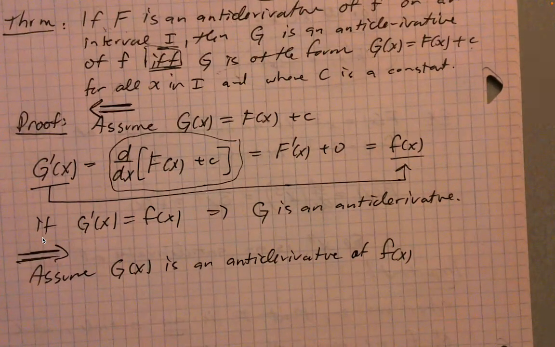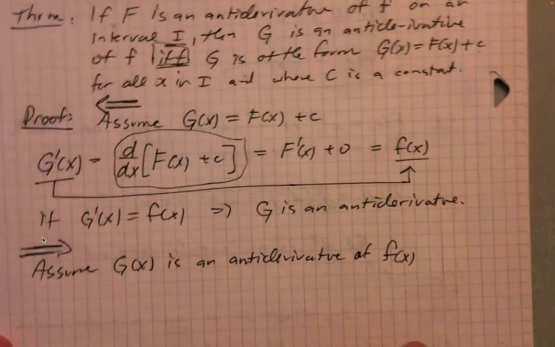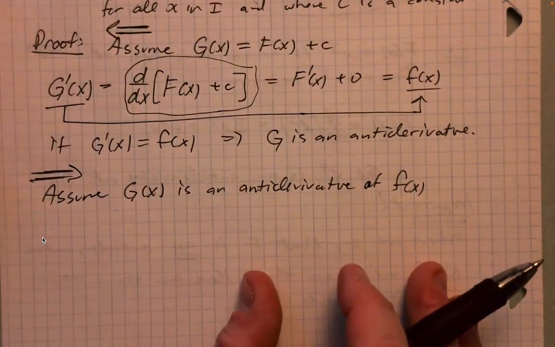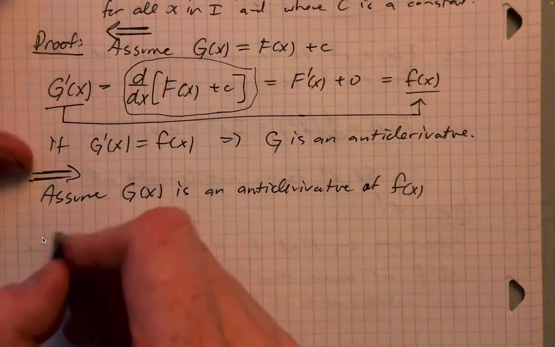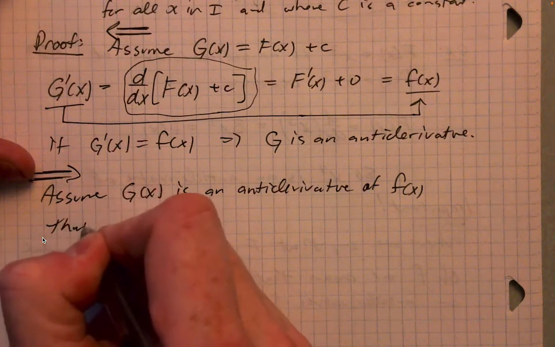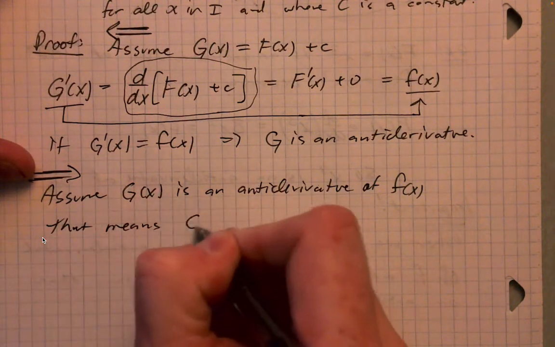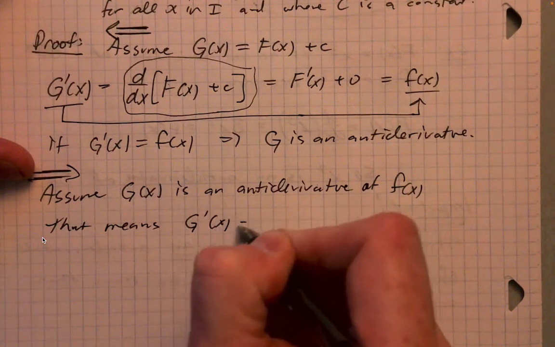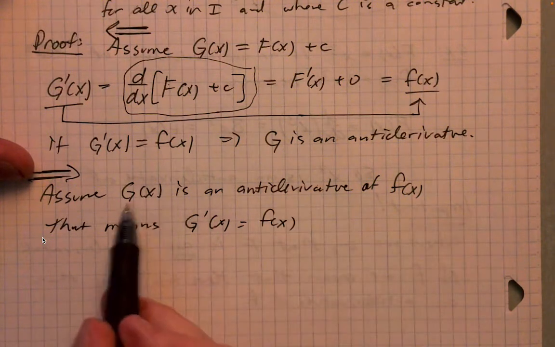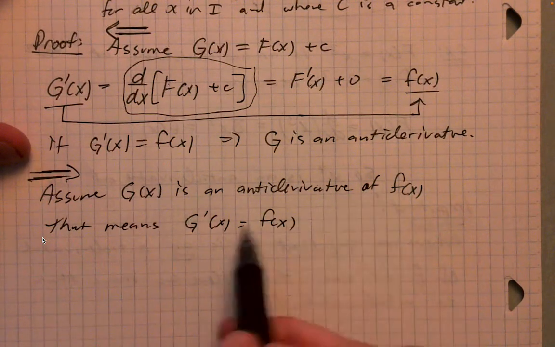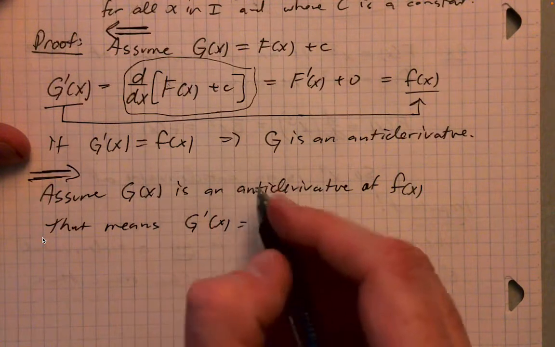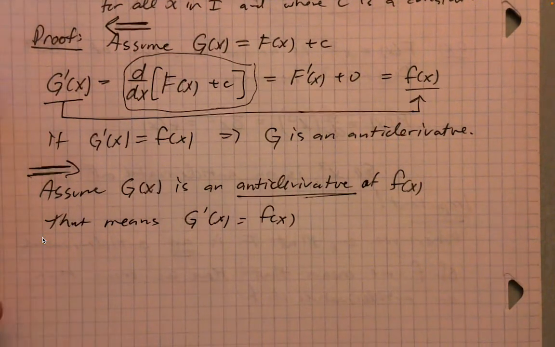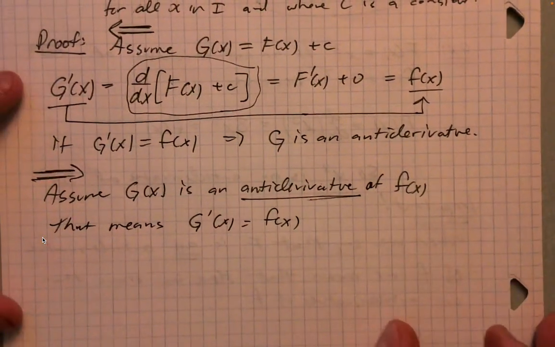So g of x is an antiderivative of little f of x, and it's important to remember what that means. That means that g prime of x is equal to f of x. So when we differentiate g, we get little f, right? That's by definition. That's what antiderivative means.